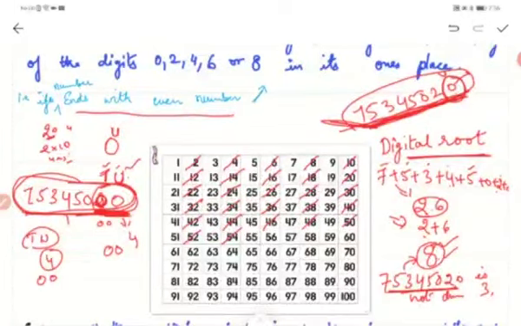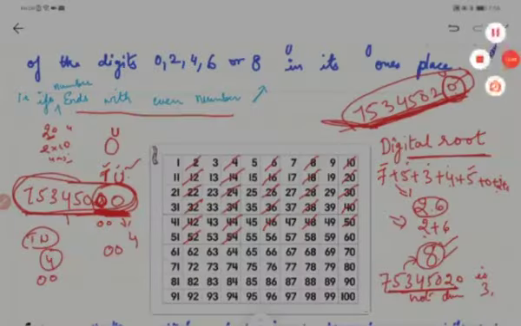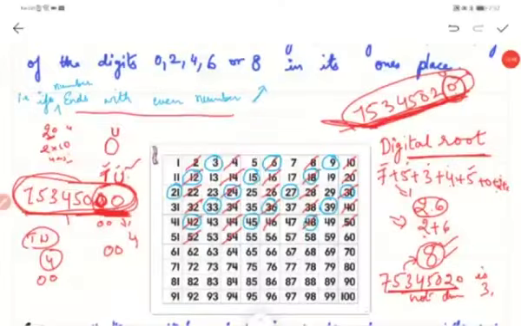Now let me circle the numbers which are in the 3's table, multiples of 3. So 51, 54, then 57 comes under the 3 table, and so on.